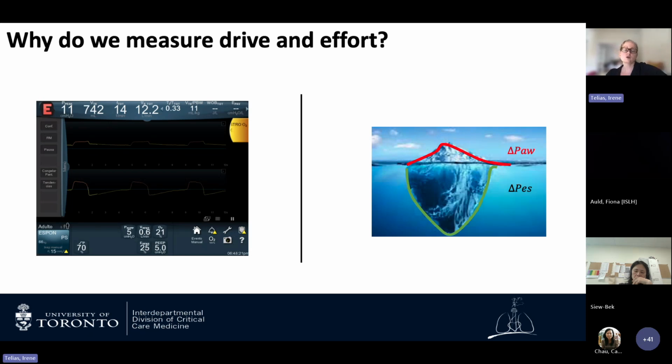The total driving pressure, the pressure distending the respiratory system, both the lung and the chest wall, arises from two sources. The tip of the iceberg, which is the positive pressure that the ventilator is giving, and this is what we see on the surface, on the main screen of our ventilators. This is the airway pressure over time, the higher tracing.